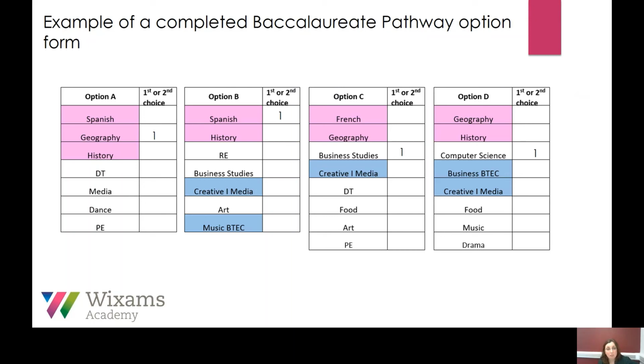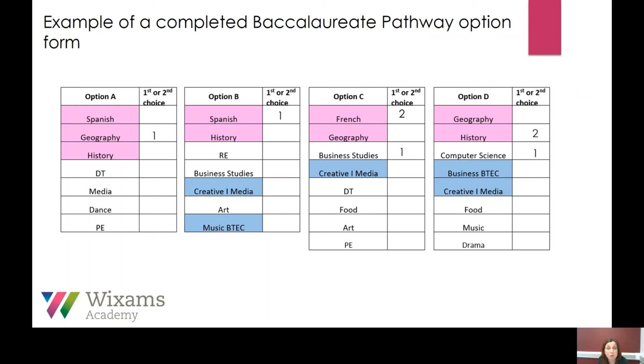Now, after that, you really do need to think carefully about your second choices, just in case, for some reason, we cannot offer that first choice. So you may decide to choose French this time as your language and history as your humanity. So you have to choose a language and humanity if you're on the baccalaureate pathway.